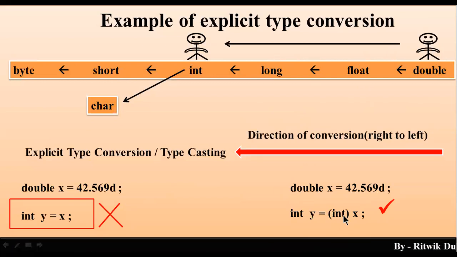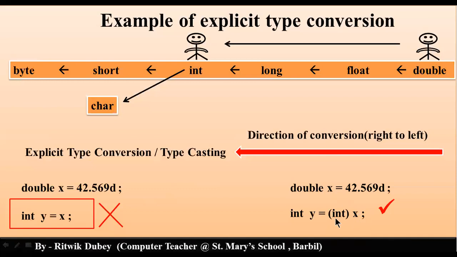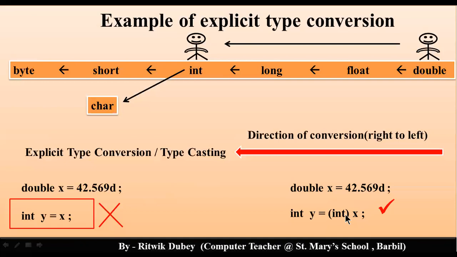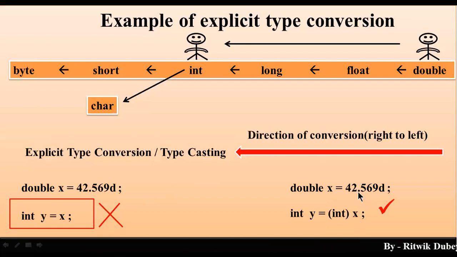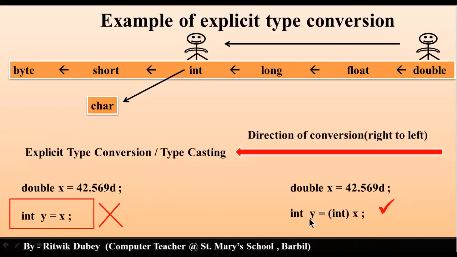If you write int, it means you are explicitly converting the data type of x, which was double, to int. When it got converted to int, 42.569 became 42 only, because in integer, point values are not allowed. The point and the digits after it will be removed when you do the typecasting. Then 42 will be stored in variable y.